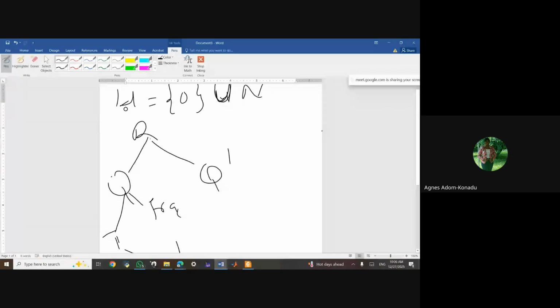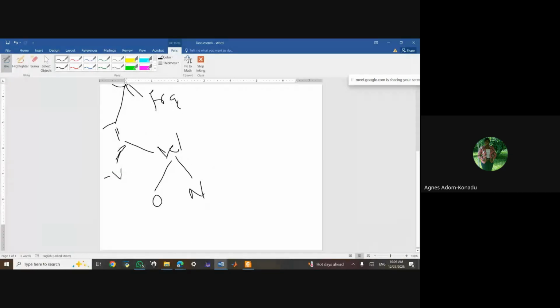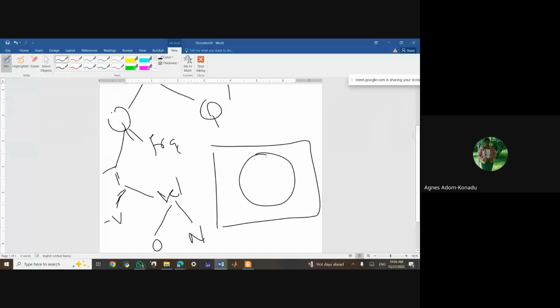Or you can even write it in set form. You can have your Venn diagram. You have your R, and in the R you're going to get your Q. This set is my Q, and then outside the Q is the Q prime.